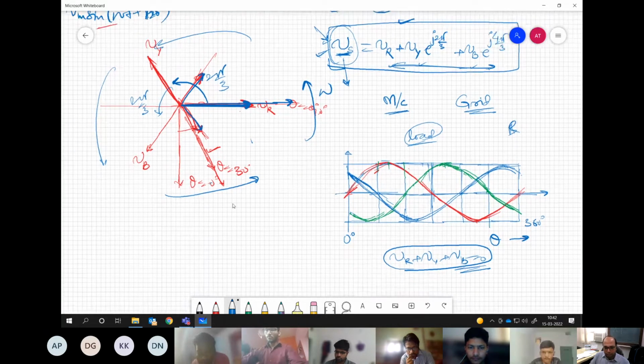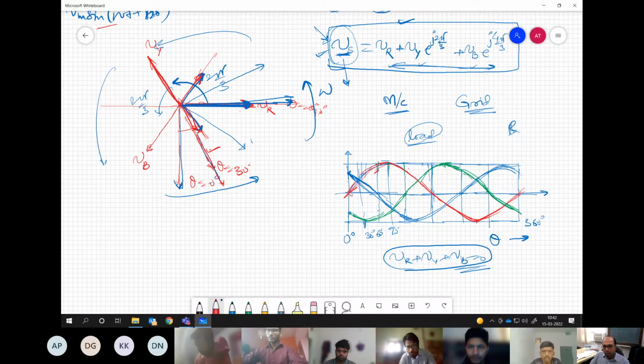So for example, you take these instants what I have shown, theta equal to 0, or say this would be 30 degrees somewhere here near the peak, then this would be something like 60 degree, this is around 90 degree. So you will find the voltage vector is shifting to different locations, and because this is varying very smoothly, each and every value on this waveform is available for us because we are representing it like this.